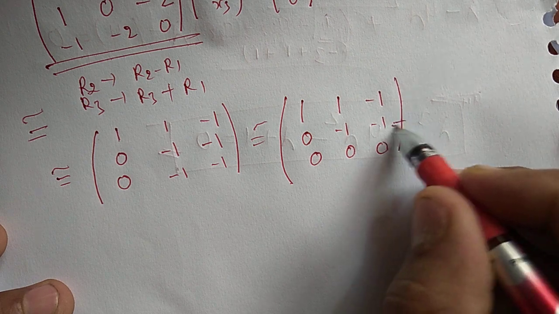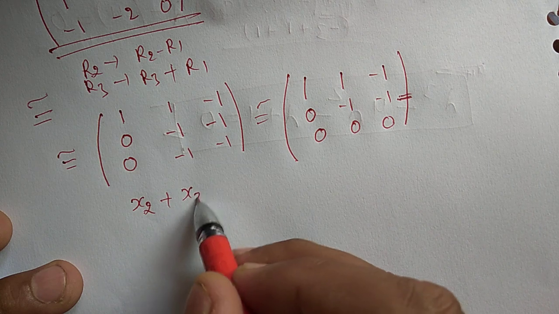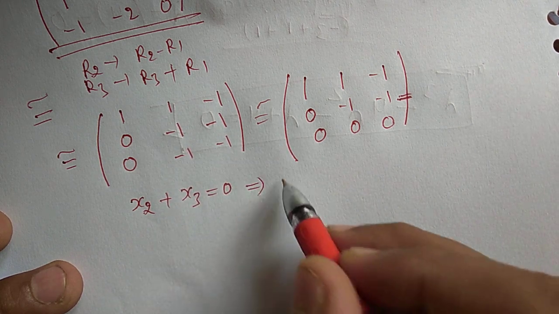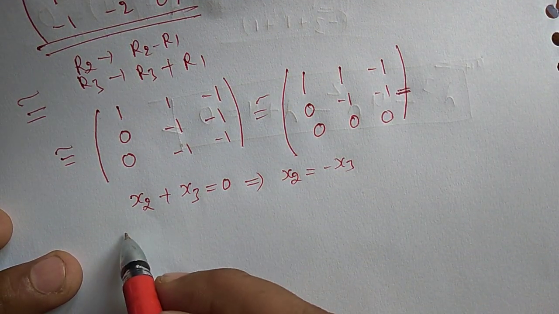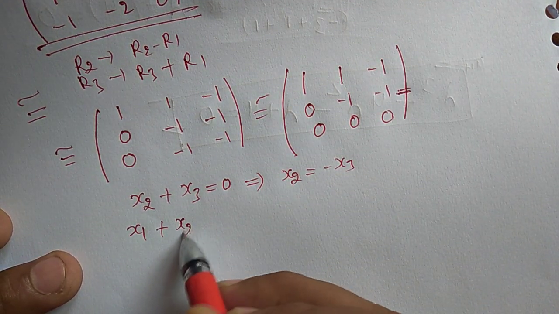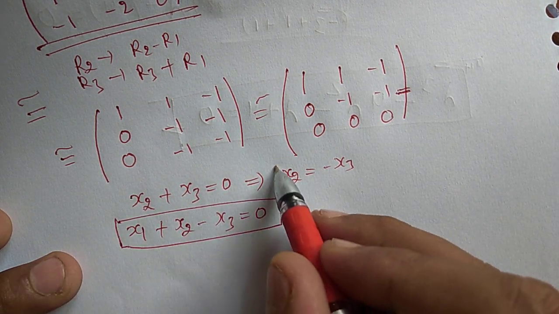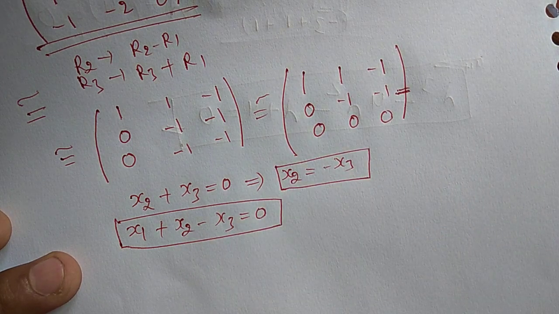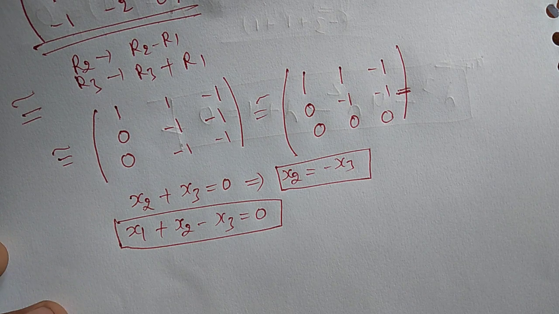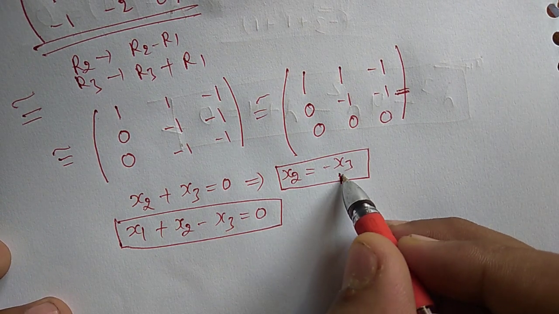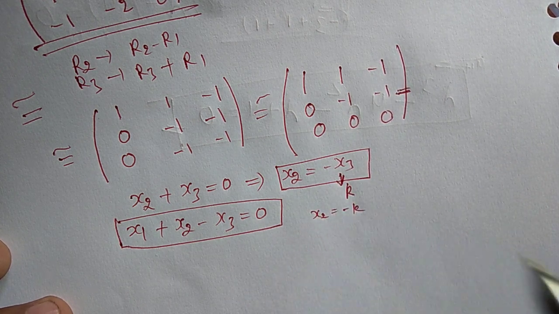If you take the second row, we get x2 plus x3 equal to 0, which implies x2 equal to minus x3, and the first equation x1 plus x2 minus x3 equal to 0. So here we have two equations and three unknowns, so one will be a free variable. Let us have x3 as the free variable. If x3 equal to k, then x2 equal to minus k.